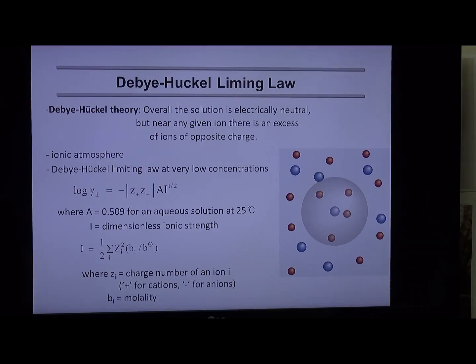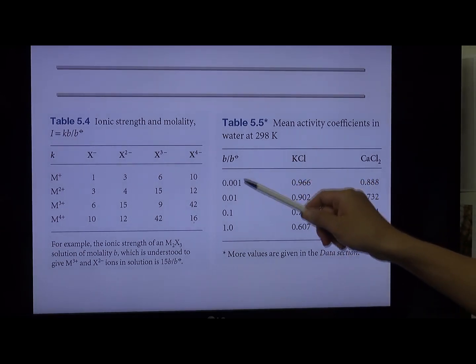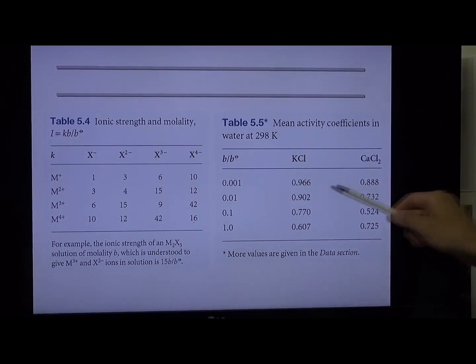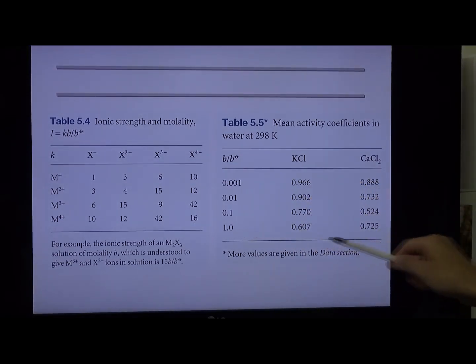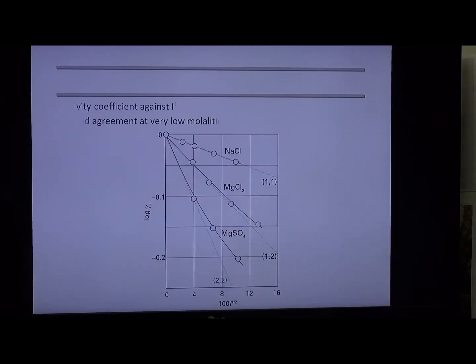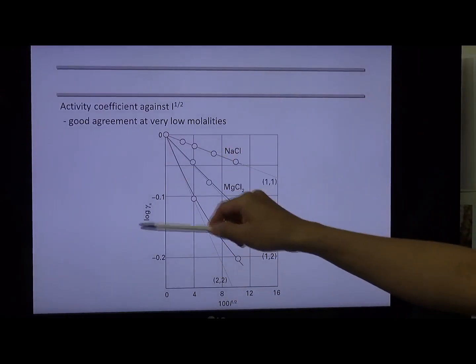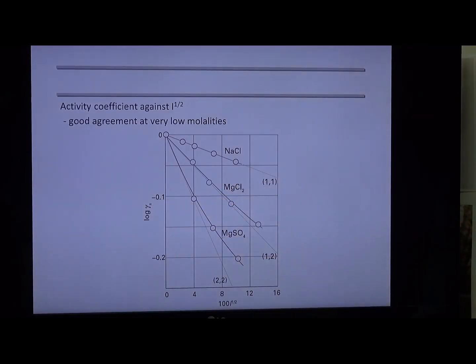And if you look at the result here, when concentration is really low, the activity coefficient is close to 1, but when concentration is high, it's much smaller than 1, basically far from ideal solution behavior, right? If you look at the result, the x-axis is ionic strength and the y-axis is the activity coefficient of ions, right?